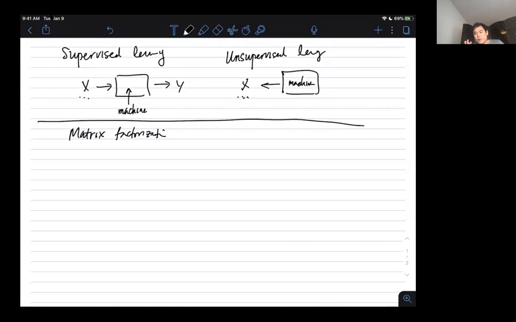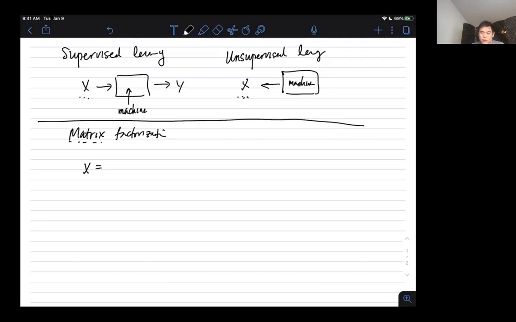So matrix factorization, as the name suggests, tries to factorize a given matrix into two different matrices, or the product of two different matrices. But we need to think first about what this matrix is. What we are going to do is build a matrix X. I have to be careful because I always mess up between column vectors and row vectors, but we're going to stick to column vectors now.